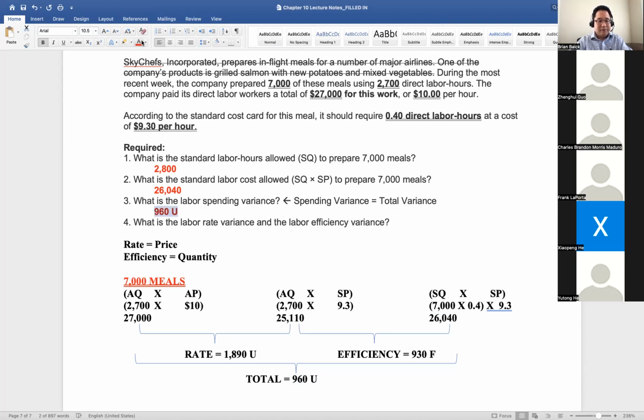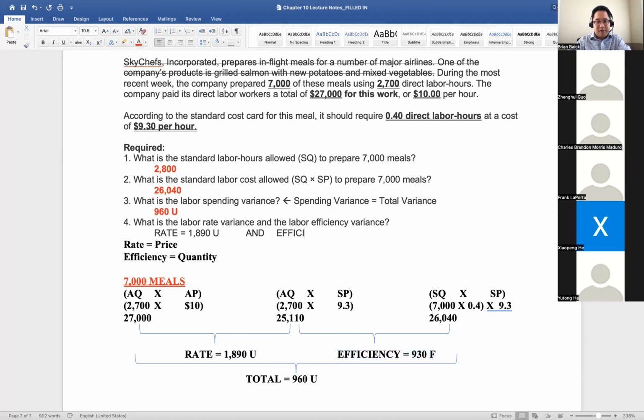And then last but not least, what is the labor rate variance? Let's see, rate variance is right here, 1890U. And the labor efficiency variance, it's right here.